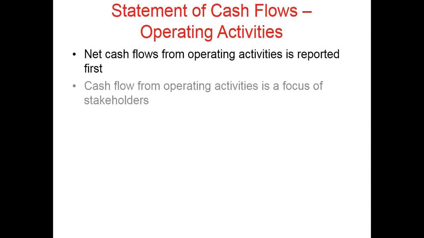On the statement of cash flows, our operating activities are reported first. Why? Stakeholders want to know what you're doing in operations, because that determines whether the company is successful or not.